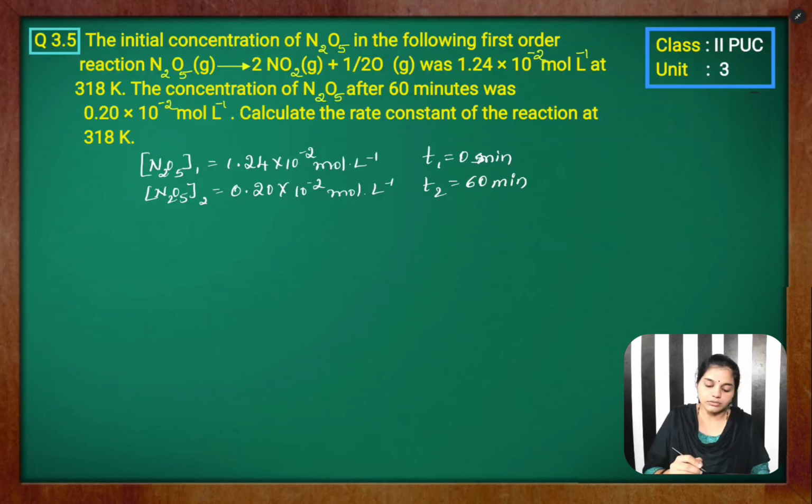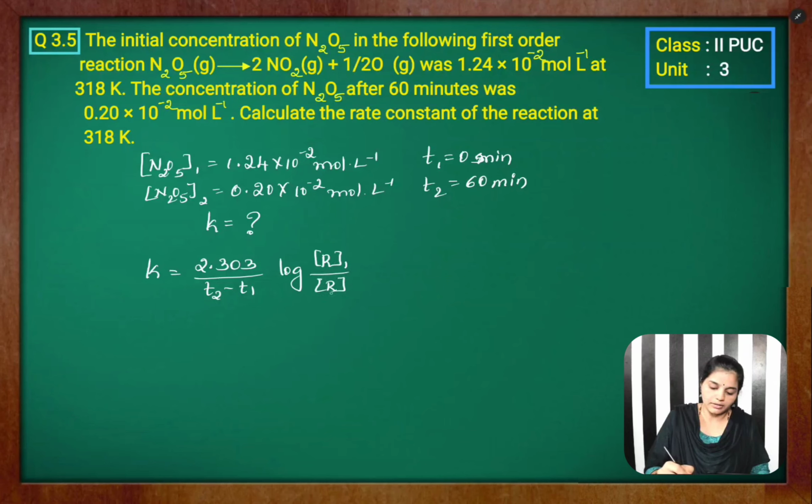We are asked to calculate the rate constant of the reaction. We have the formula: rate constant K is equal to 2.303 divided by T2 minus T1 into log of initial concentration divided by the final concentration.